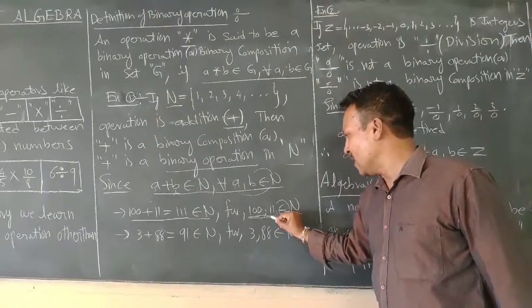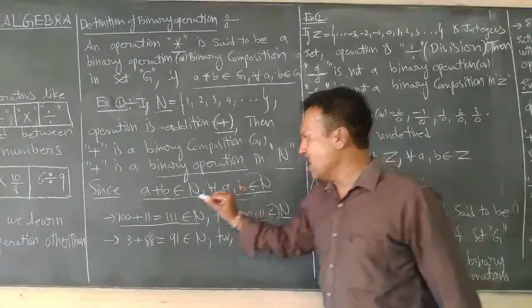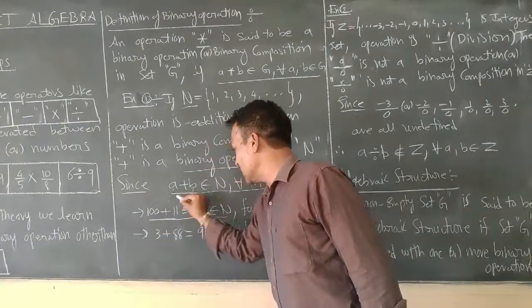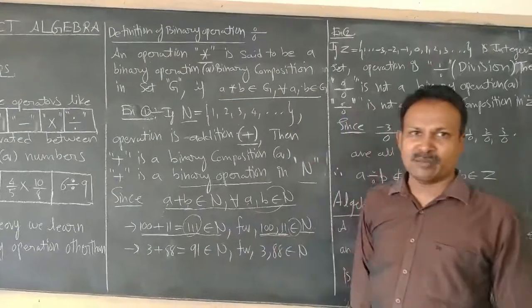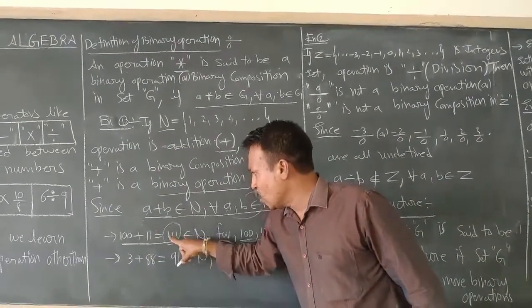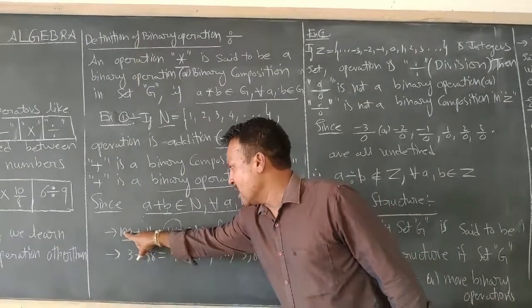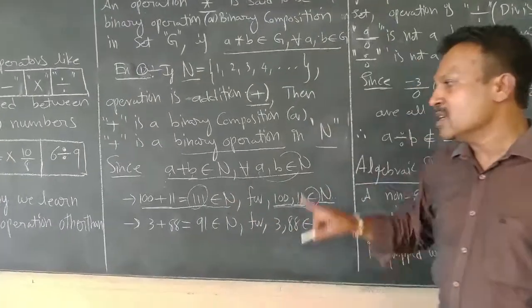If I add these two numbers, the resultant value is 111, and this 111 is present in set of natural numbers. This example clearly says that when operated with plus, the resultant value 111 is present in set of natural numbers.